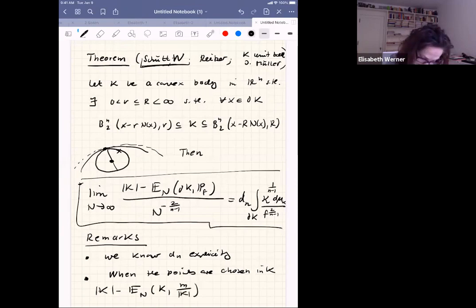This behaves, as n goes to infinity, so it's also an asymptotic result, like some constant beta n times the affine surface area of K times the volume of K over N, and now this gets raised to the power 2 over n plus 1. Sorry about squeezing this like so. What I want you to observe here is that the number of chosen points here gets the power 2 over n minus 1, whereas the number of chosen points here gets the power 2 over n plus 1.